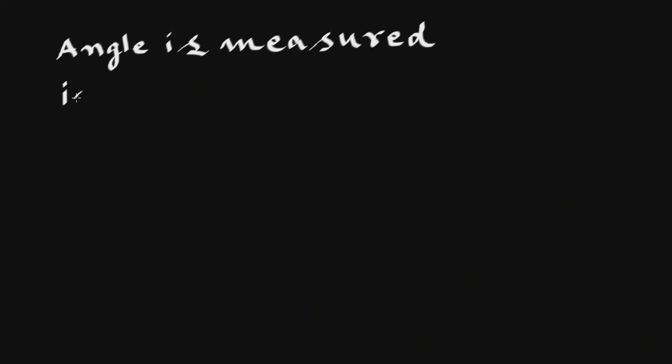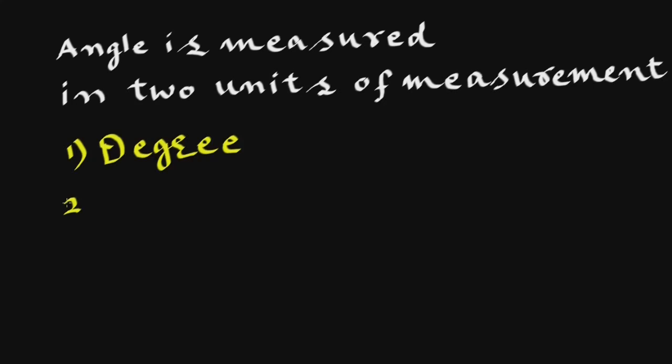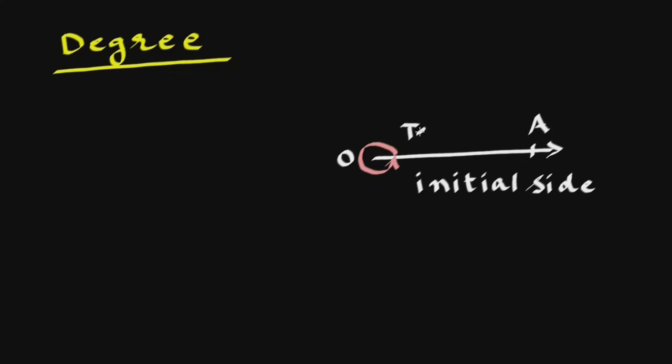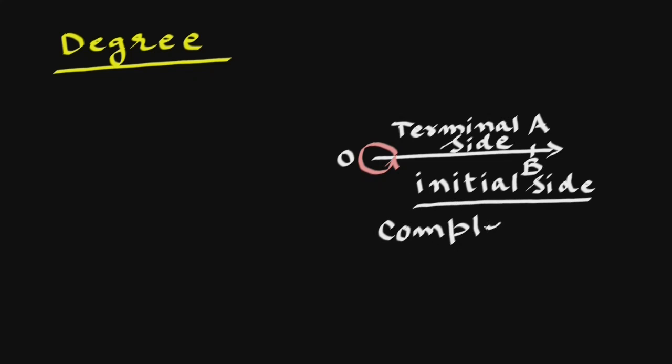Angle is measured in two units of measurement, degree measure and radian measure. Degree measure. Rotate the initial side OA in anticlockwise direction so that its terminal side OB lies on its initial side. This angle is called complete angle.